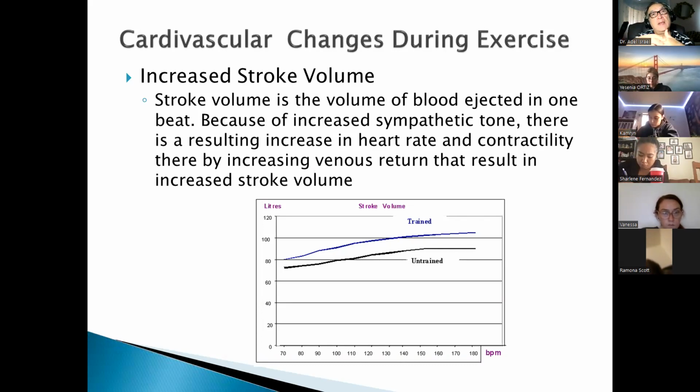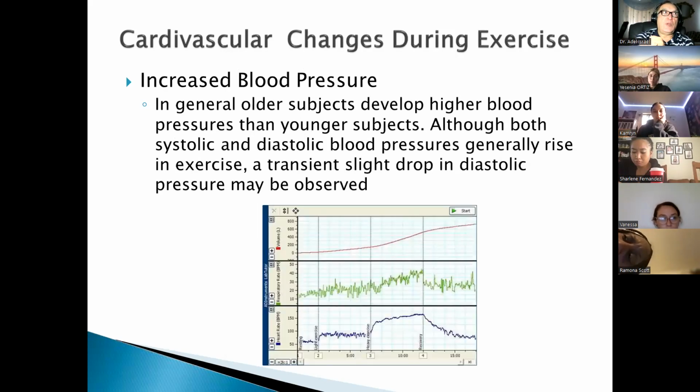Going back to the information we had in the first 3 chapters, stroke volume is the volume of blood ejected in one beat.